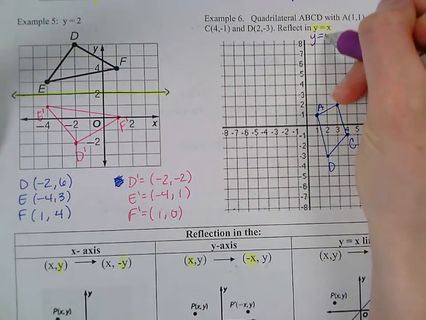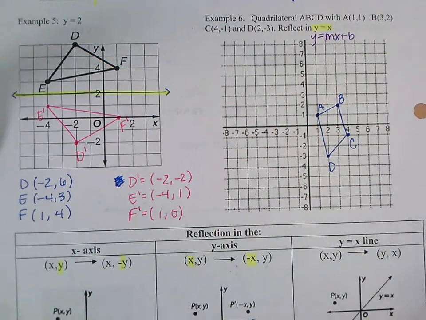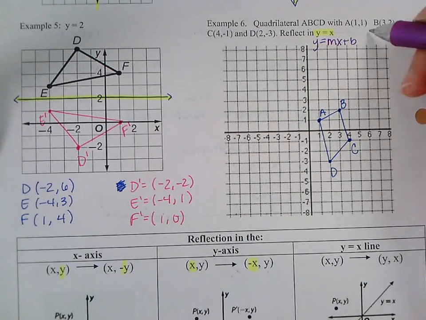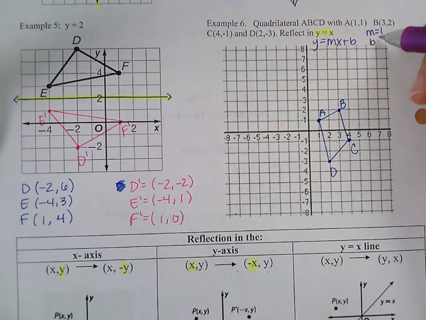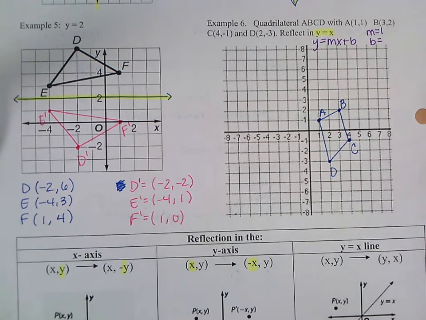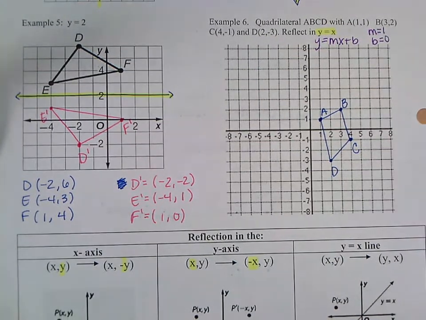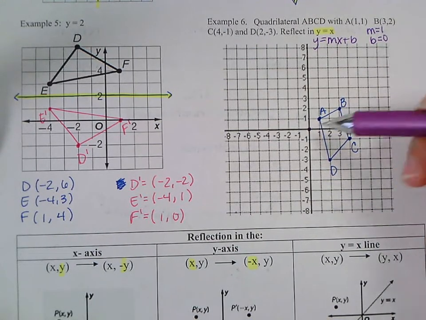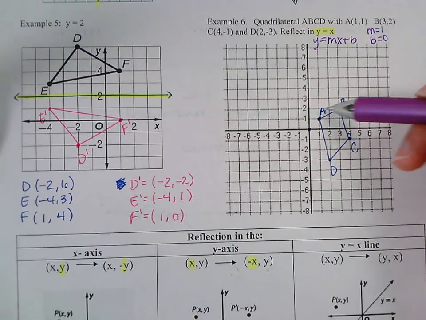So slope-intercept form: y equals mx plus b. If you just have the line y equals x, what is your slope m? 1. And then what is your y-intercept b? 0. So if you're graphing this line, you're starting at 0, 0, and then your slope is 1, so going up 1 over 1, up 1 over 1.